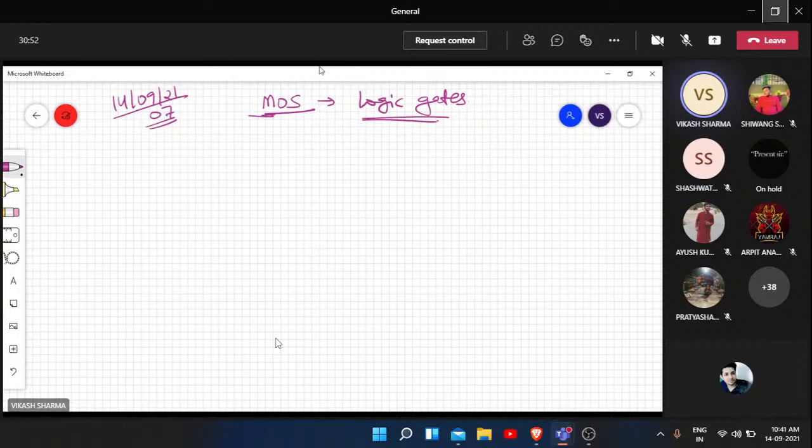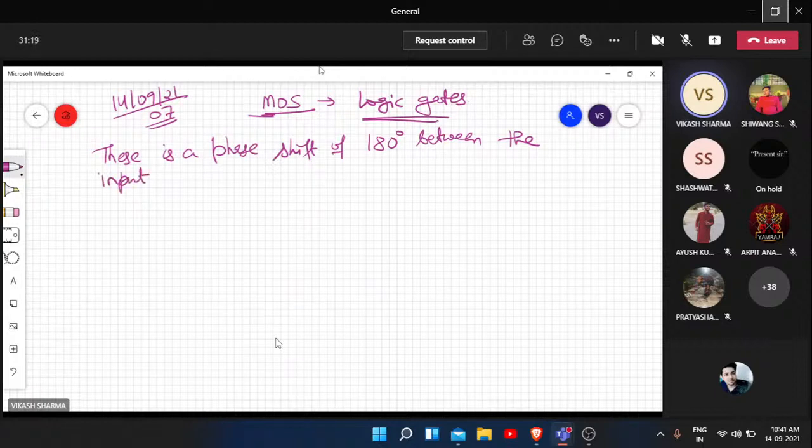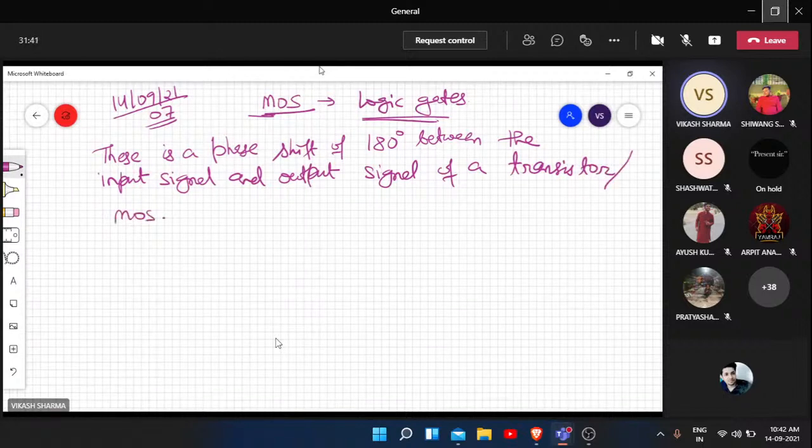What we have noted is that there is a phase shift of 180 degrees between the input signal and output signal of a transistor.